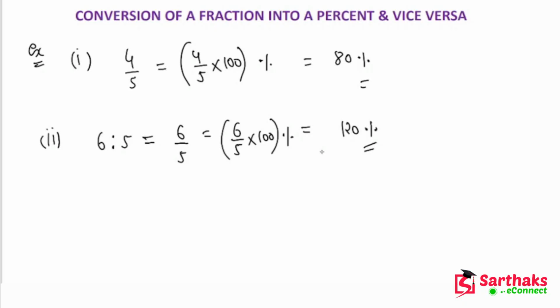Okay. To convert percent into decimal, we drop the percentage sign and shift the decimal point two places. Suppose you want to convert a percent into a decimal. That is basically the fraction only. Let me write that also over here. What is 6 upon 5? That is 1.2.